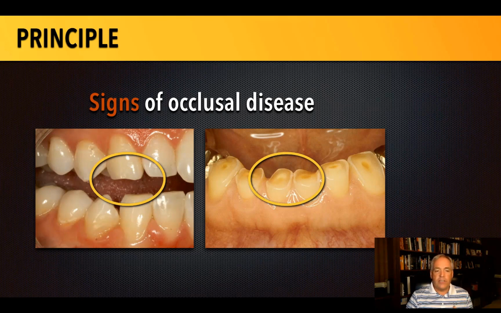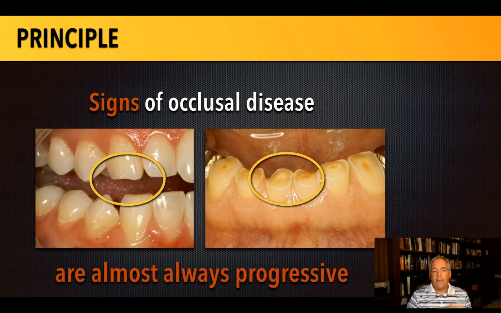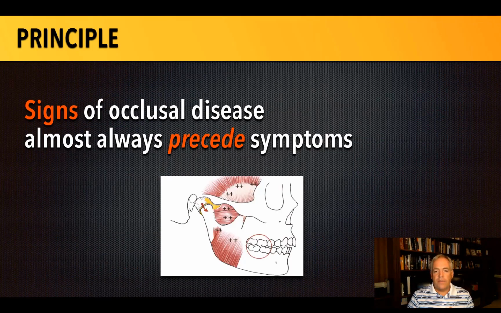So if somebody's joint is changing and they haven't had a traumatic injury, it's often related to the occlusion. So we really identified those three parts of the masticatory system, joints, muscles, and teeth, as we've gone ahead and do that. Remember, these signs of occlusal disease are almost always progressive.